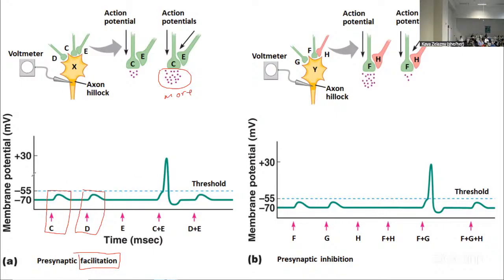If E fires alone, it does absolutely nothing, right? Because E is not affecting this postsynaptic neuron directly, not attached to neuron X, which is what we're measuring right now. It's only if we have both C and E firing at the same time that we have this magnified effect on our depolarization, actually getting us up to threshold.